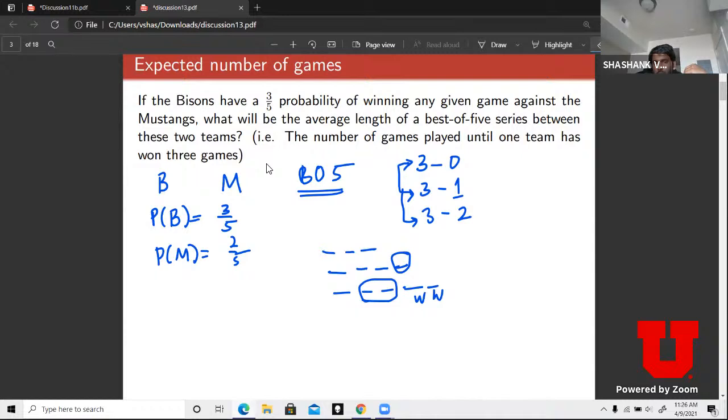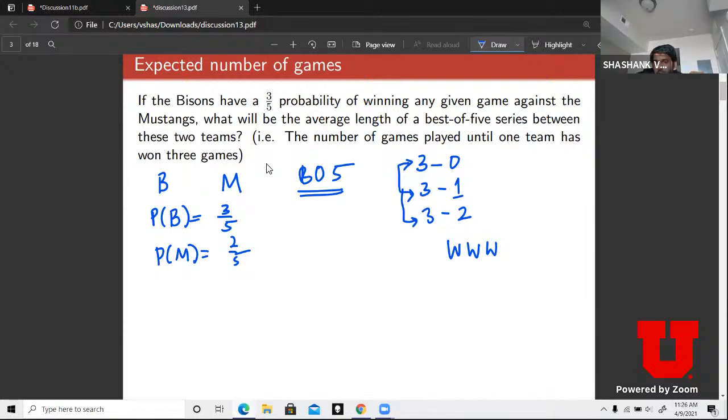So our model is going to be, I'll just simplify it again. It would be win by any team, because we're considering the average length of the games and not the average number of games that Bison wins, but in general the total length of the games.